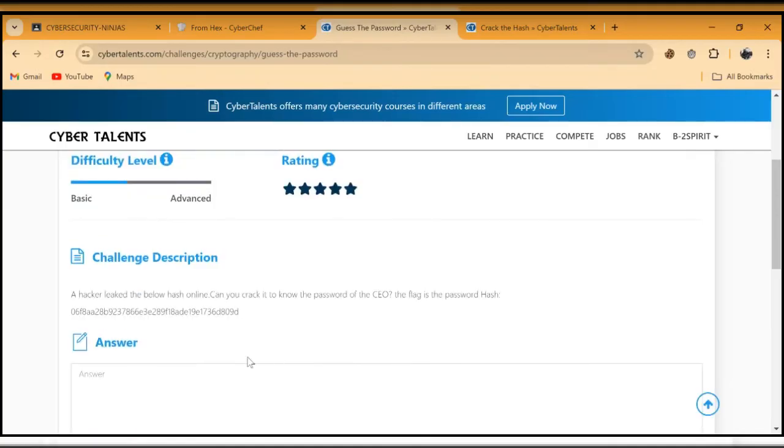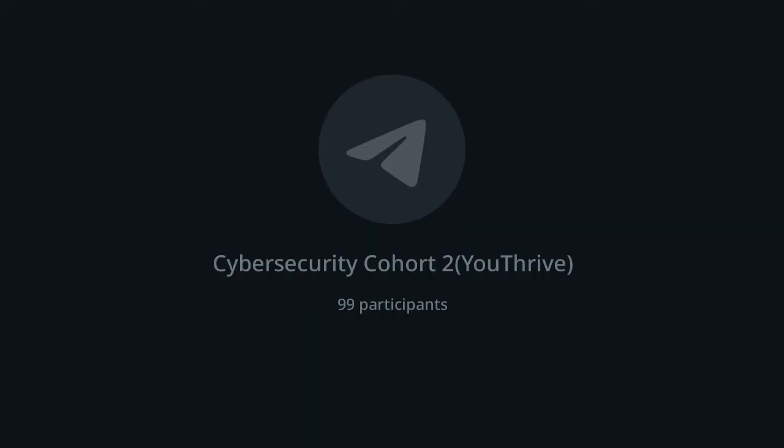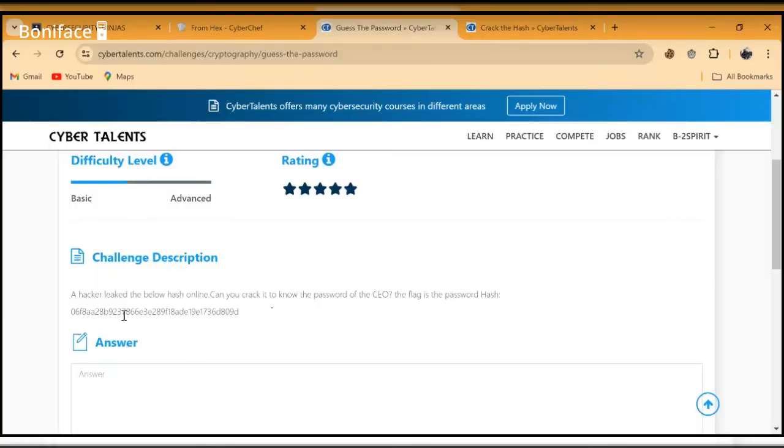Okay, from the appearance of this hash, I'm trying to tell which hash technique was used to generate this. I'm counting the number of characters. It appears that there are about 32 characters in this. I would first want to count using the word counter to ascertain that.